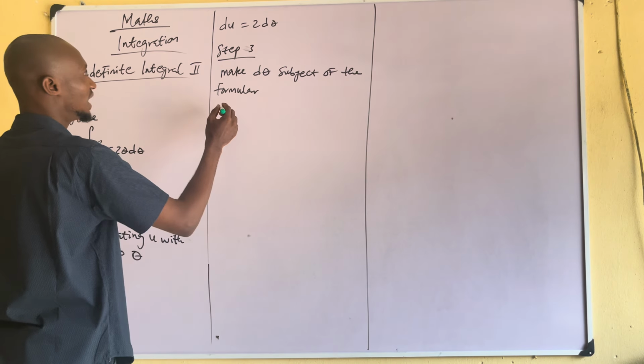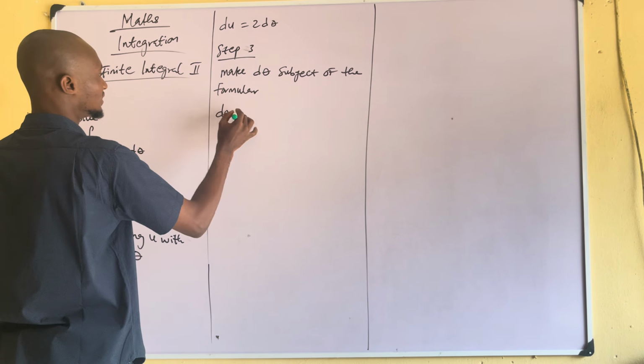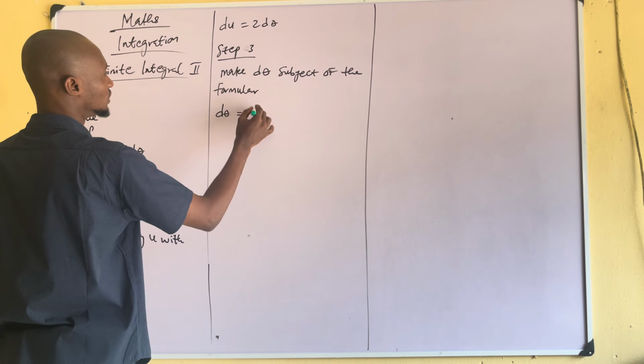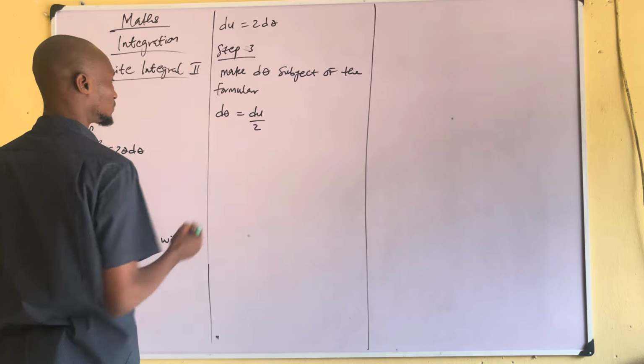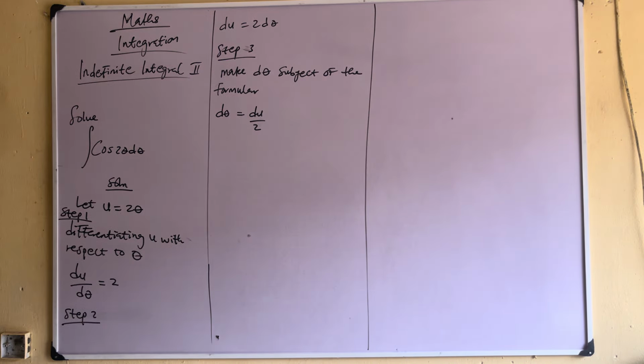When you do that, you have d theta is equal to du over 2. You see, d theta is equal to what? du over 2. Are you there?